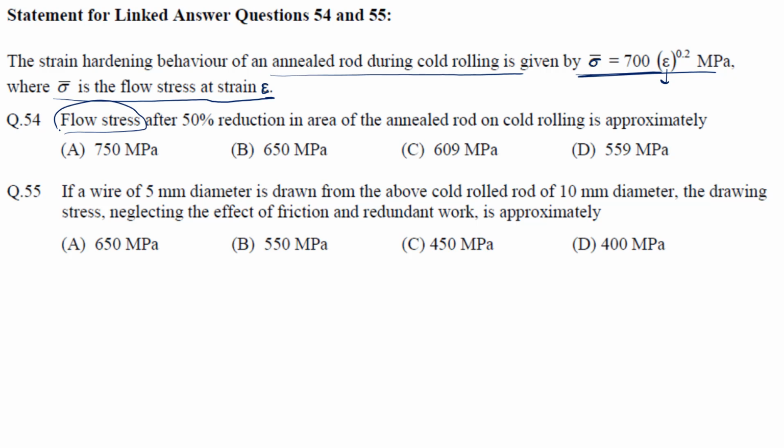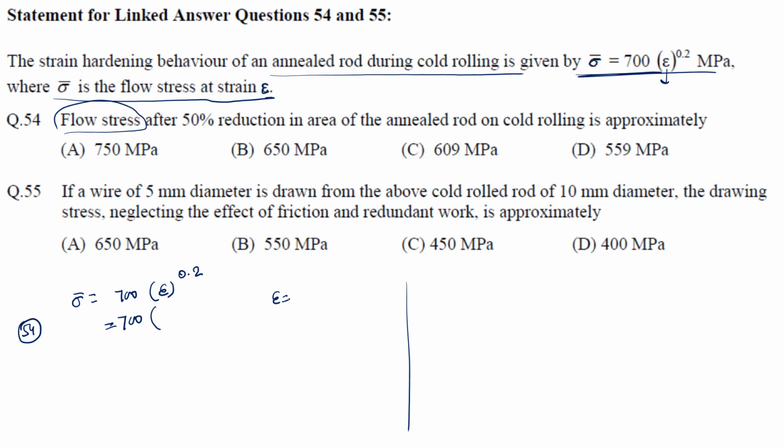So guys, we have this equation for question 54. Sigma bar is equal to 700 epsilon to the power 0.2. So epsilon is how much when we have 50% reduction? Tell me, how will you find it?